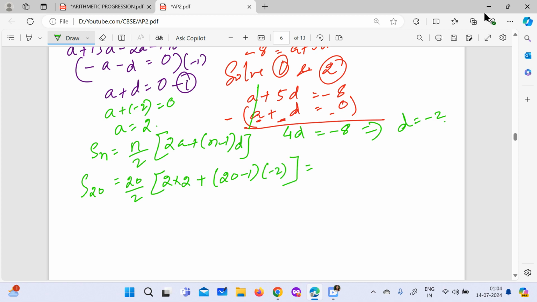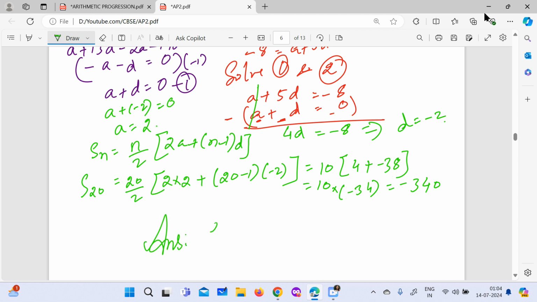This will be 19 into minus 2, which gives you minus 38, so 4 minus 38 is minus 34, and then you have 10 times minus 34 that will be equal to minus 340. So we got the sum of first 20 terms is minus 340.